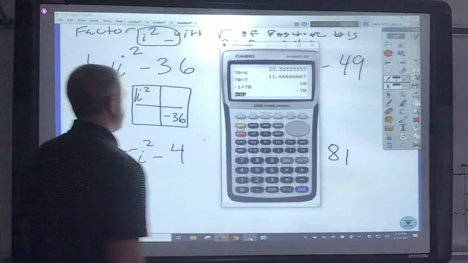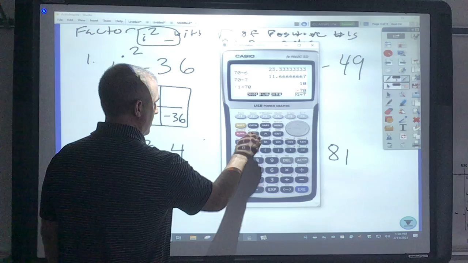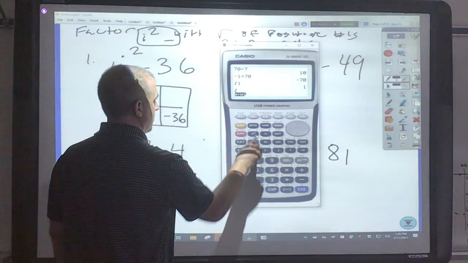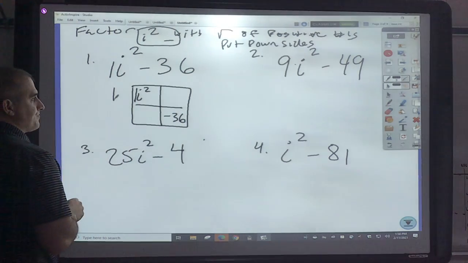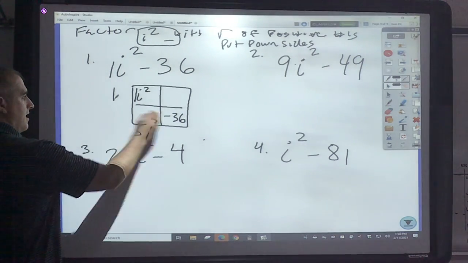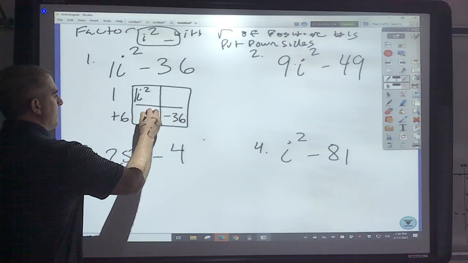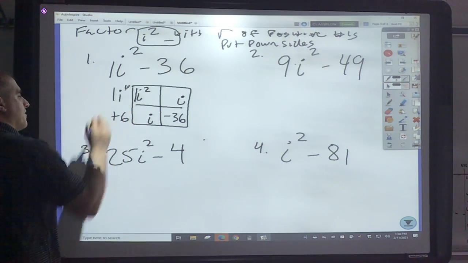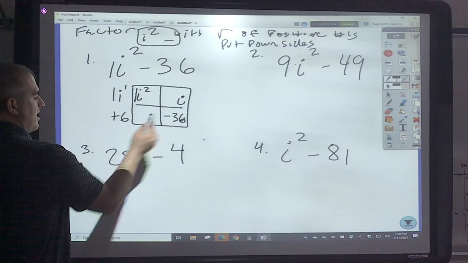So what I got, square root, hit shift, square root of 1, shift square root 36. Notice positives. So 1, and I got positive 6. Now, what have we always had here? We've always had I's. So this will be I to the first. This will not have an I, because that one has a number.